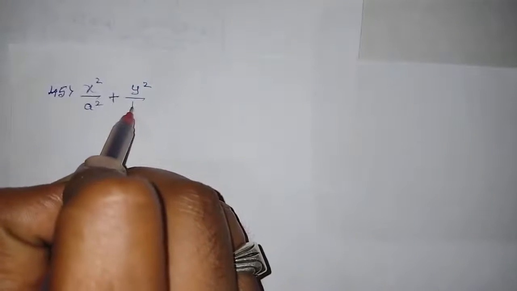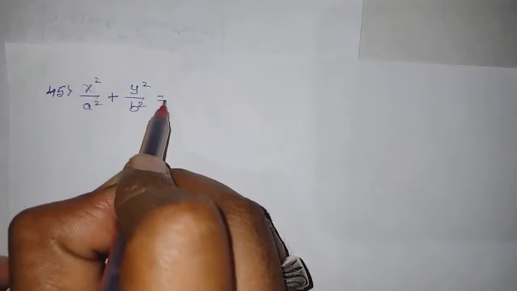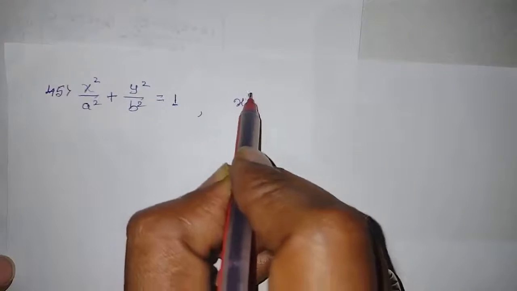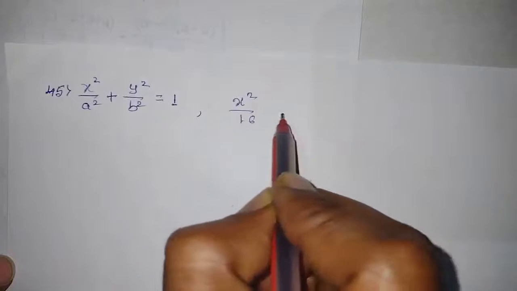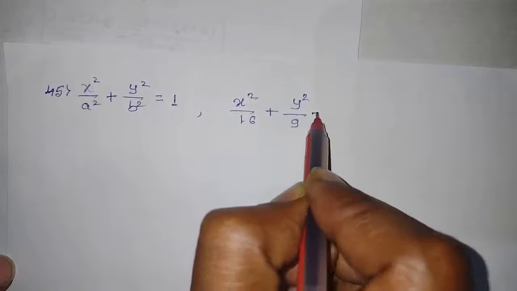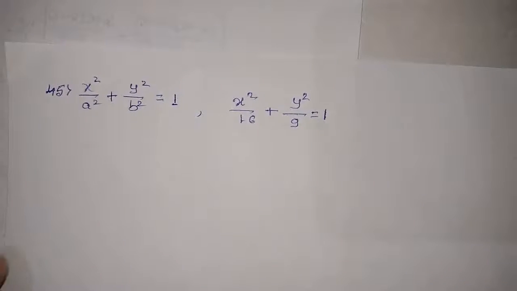So this is the equation of ellipse, the standard equation of ellipse: x square by a square plus y square by b square equals to 1, and the problem is x square by 16 plus y square by 9 equals to 1.